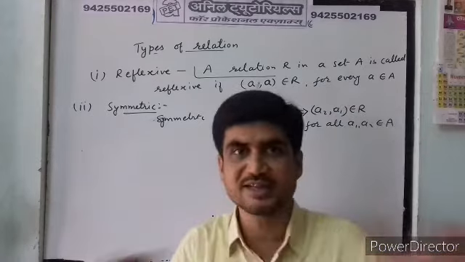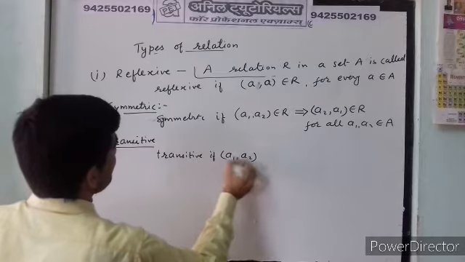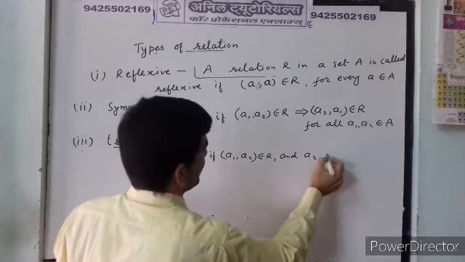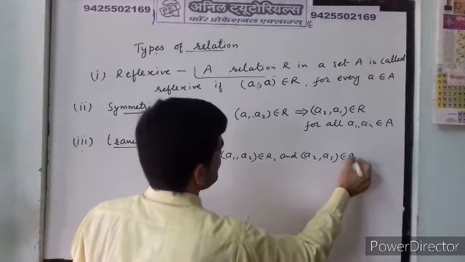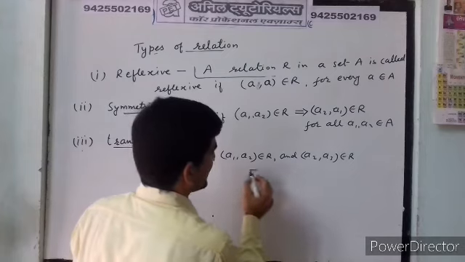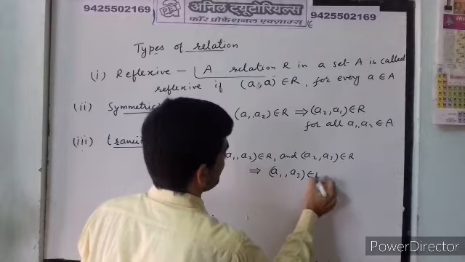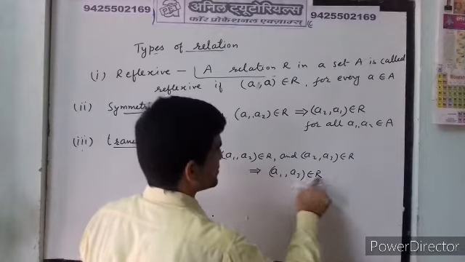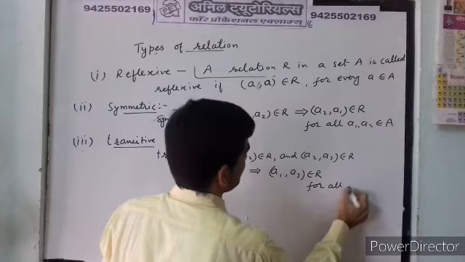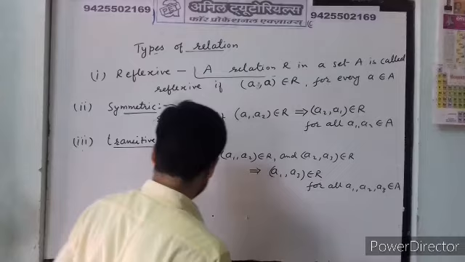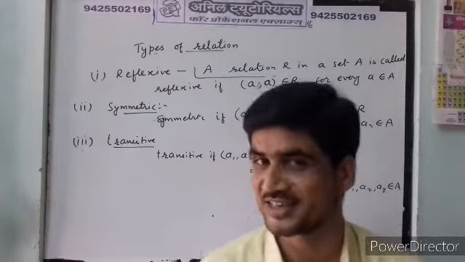Transitive relation. A relation R in a set A is called transitive if (A1, A2) belongs to R and (A2, A3) also belongs to that particular R, that implies (A1, A3) also belongs to R for all A1, A2, A3 that are elements of set A. Is that clear?